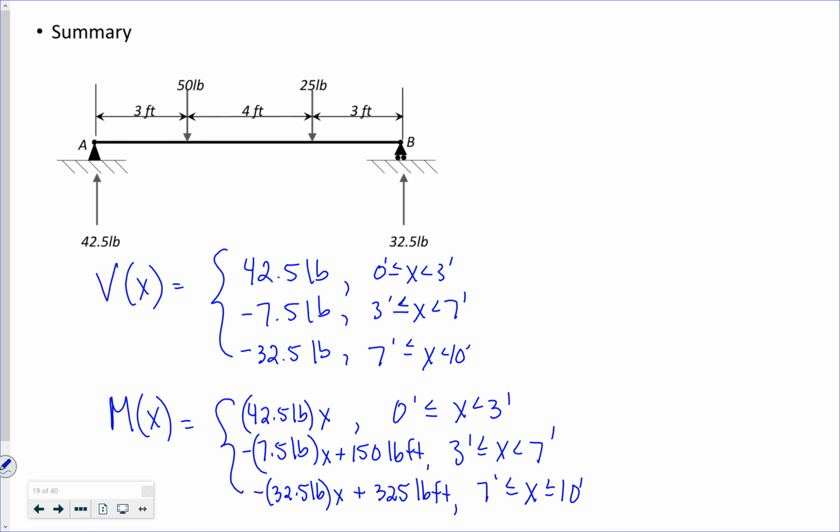So that's writing out the actual equations for my shear and moment functions along the length of this beam.